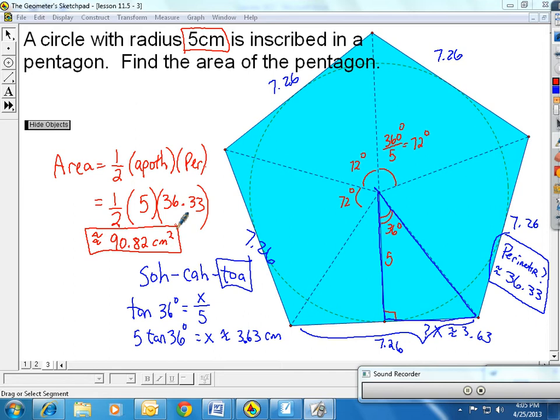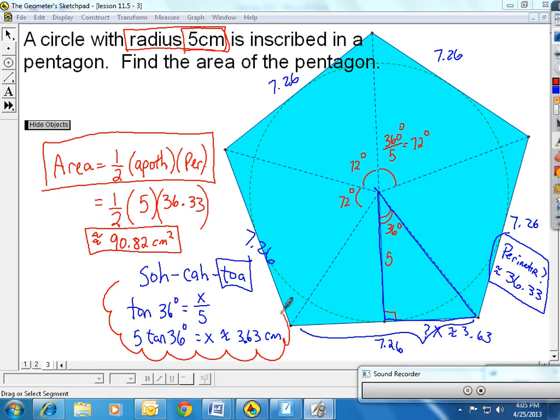We're still using the basic formula for area because it's regular. I had to take the radius of 5 centimeters of an inscribed circle and say, hey, that's my apothem, and then I had to use trigonometry to find that missing side so I could find the perimeter. So you have to be ready to use some trigonometry for these problems.